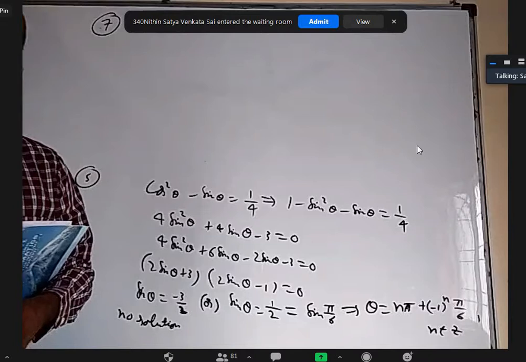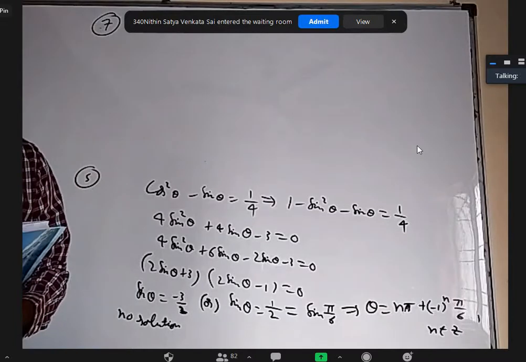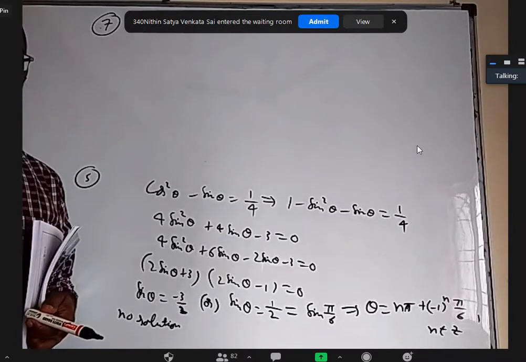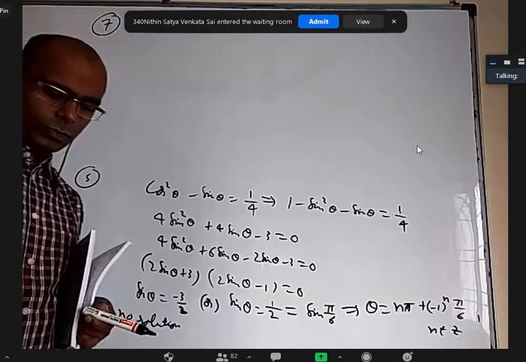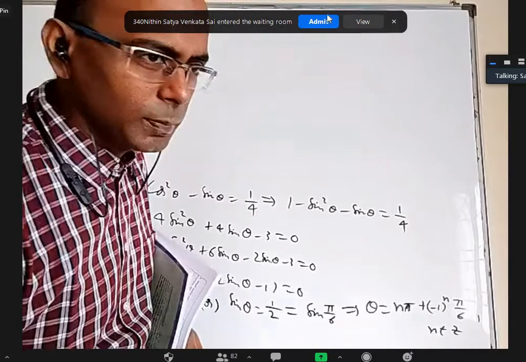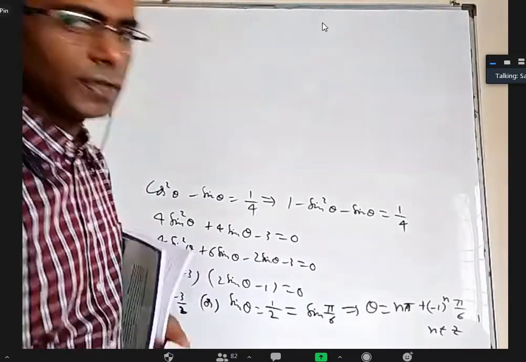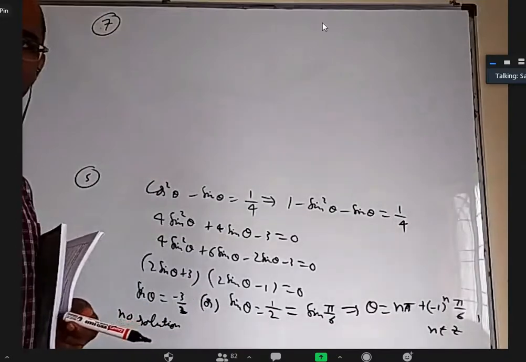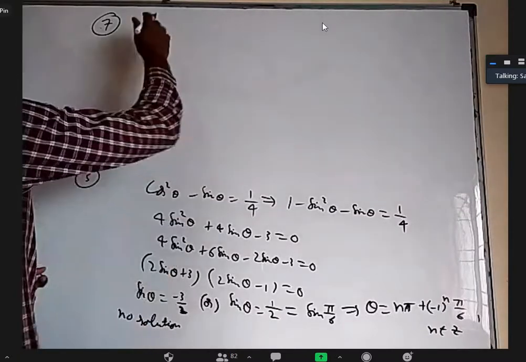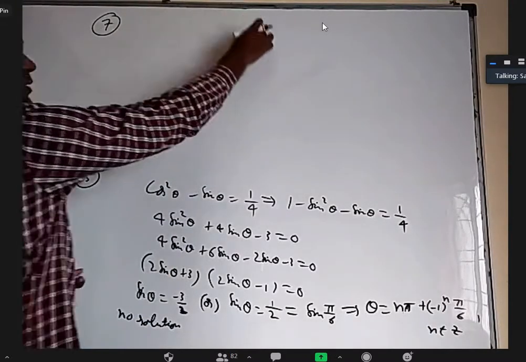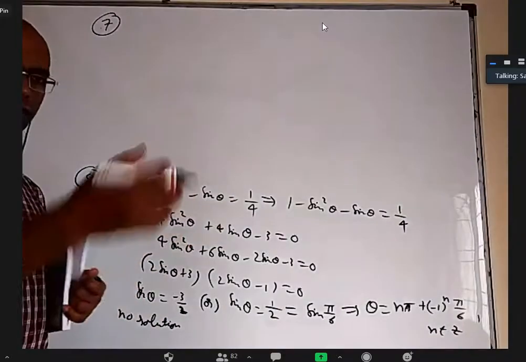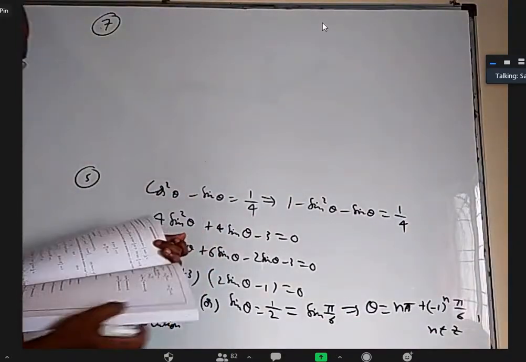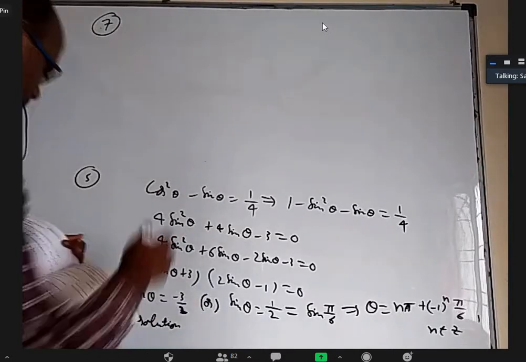Yes, please. Tan A plus tan B plus tan C equals tan A tan B tan C when A plus B plus C equals integral multiples of pi. Yeah, basically tan of a plus b plus c is 0. That much we can say first, and then after that whatever you said. Right? They gave tan a plus tan b plus tan c is equal to tan a into tan b into tan c. I can bring one side and I can adjust it, but straight away I can say tan of a plus b plus c is 0.